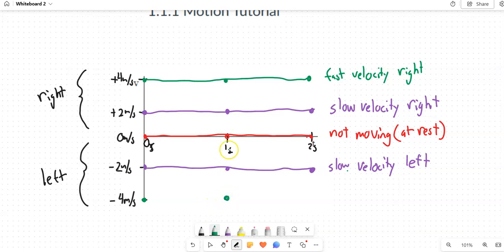It's still traveling to the left at 4 meters per second at 1 second, and at the 2 second mark, it's still traveling to the left at 4 meters per second. So this represents fast velocity to the left.